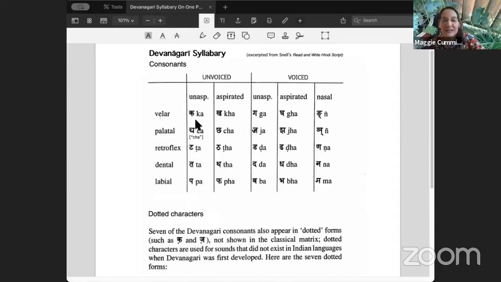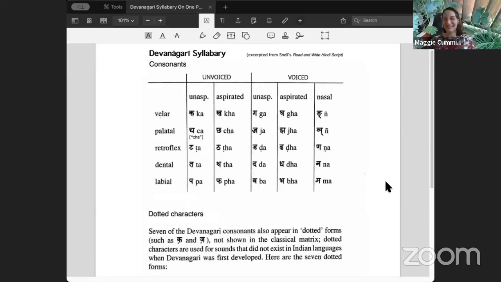Okay, let's see if we can go through and say ka, kha, ga, gha just like that. Who would like to be brave and do it for us? Put your hand up in front of your mouth as you do it. Anyone can volunteer, actually. Sean, you're my friend, so you be brave.